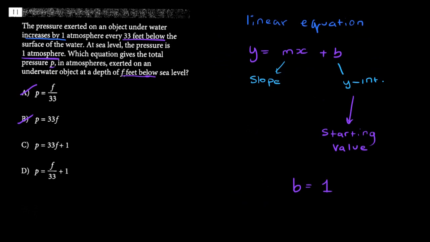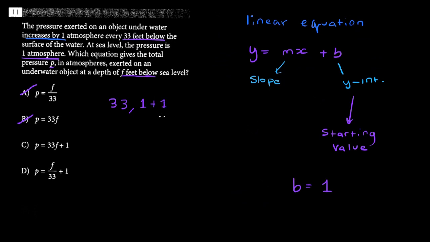the equation. Okay, so if I go 33 feet below, the pressure should be 2 atm. Why? 2 atm because our starting value is 1, and every 33 feet below the sea level, the pressure increases by 1 atmosphere.